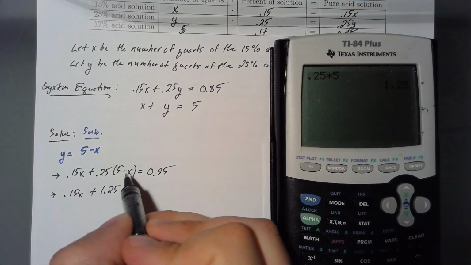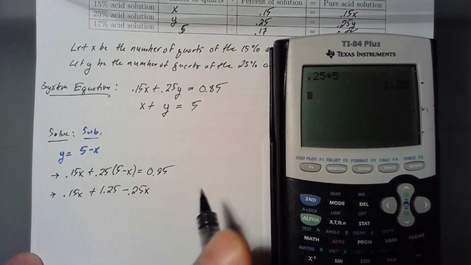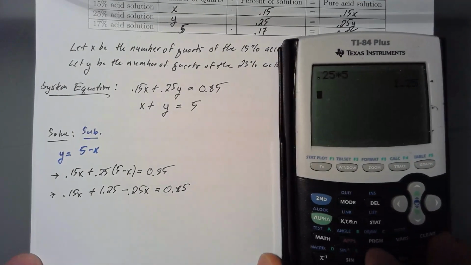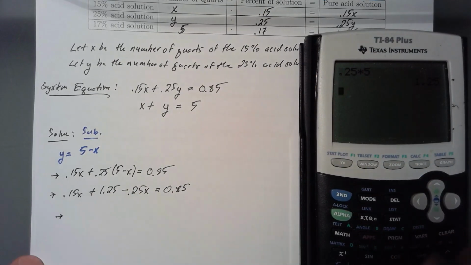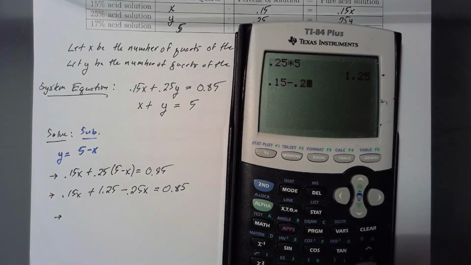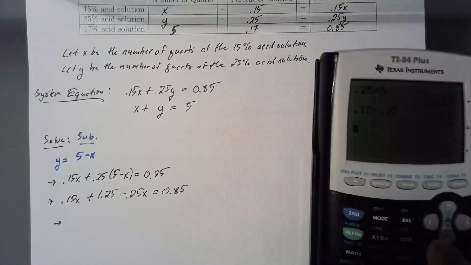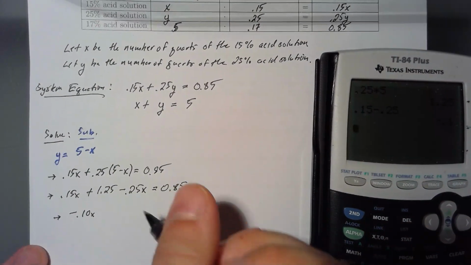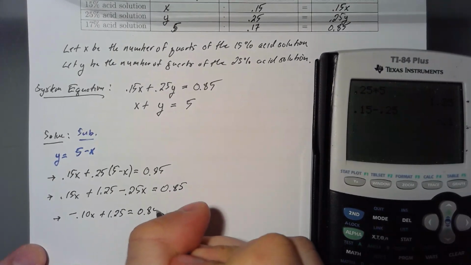And then 0.25 times negative x is negative 0.25x. And that equals 0.85. Combine the x's together. 0.15 minus 0.25 is negative 0.10x. Plus 1.25 equals 0.85.